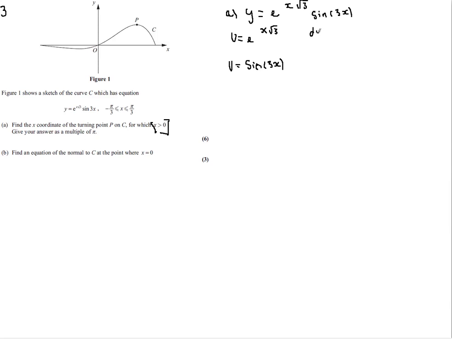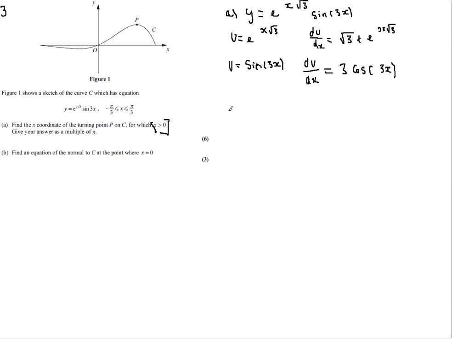If we differentiate u with respect to x, we get root 3 times e to the x root 3, because with an exponential term, the power stays the same: if you differentiate e to the kx, you get k e to the kx. Differentiating sine will give us a cosine term. We also need to differentiate the 3x, and we get 3 cosine 3x.